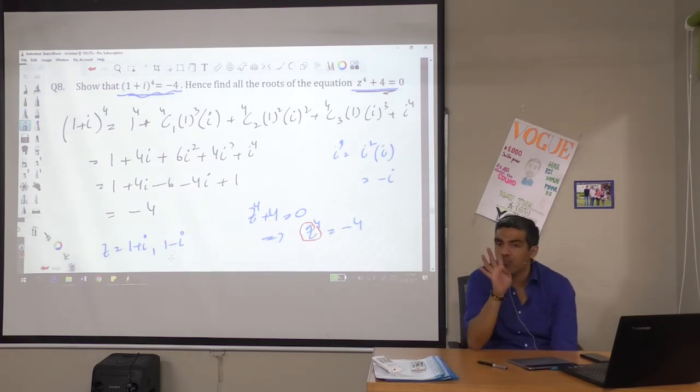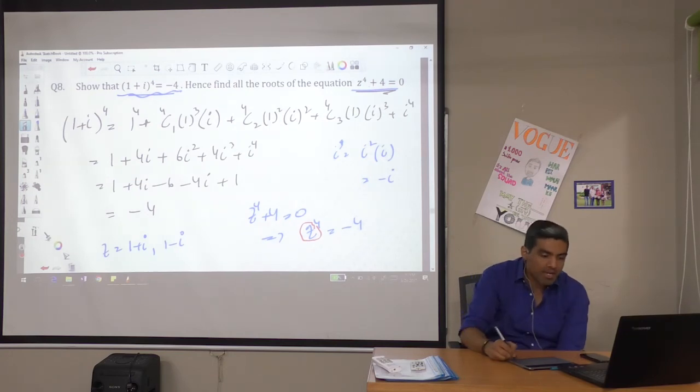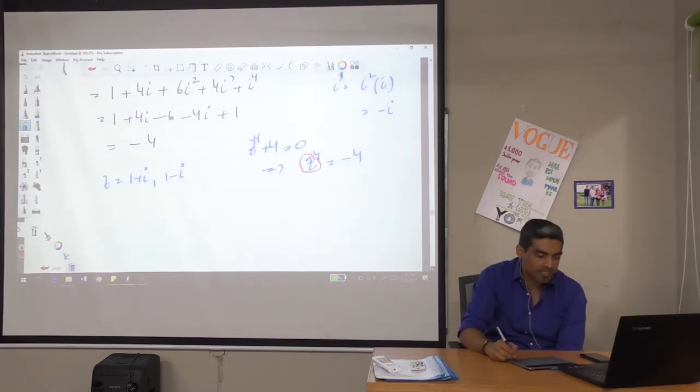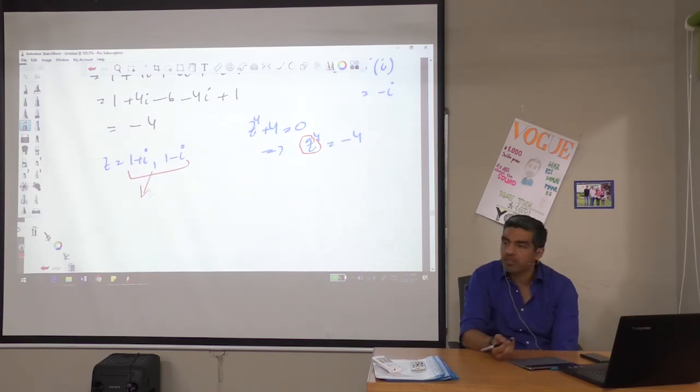Now it's a 4-degree polynomial. We found 2 roots. There are 2 more roots left. Either both roots are real or both roots are complex. That we need to find, and we can find it the way we did question number 6. You make a quadratic factor out of these two.